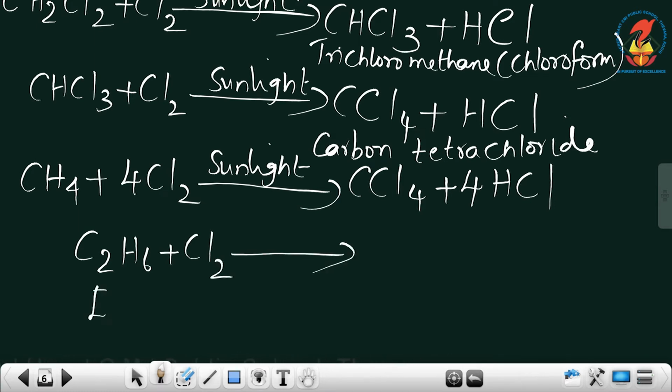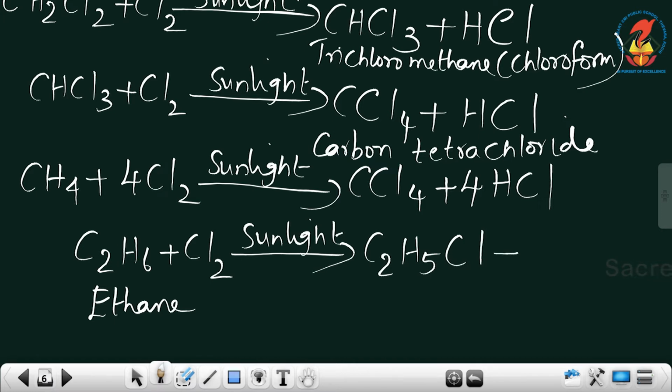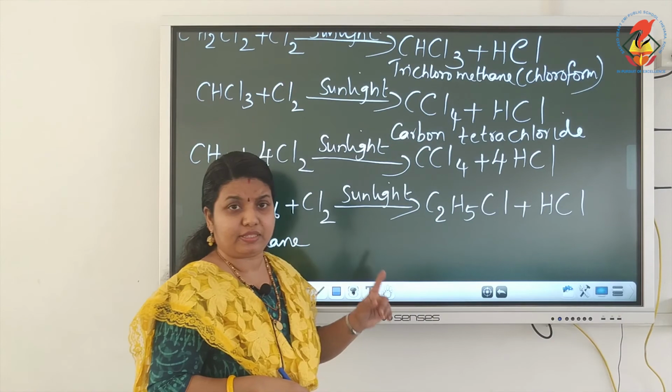Now, can you write the equation for another saturated hydrocarbon? This is ethane, C2H6. So, what happens if a chlorine molecule is added to ethane in the presence of sunlight? One of the hydrogen atoms of ethane will be replaced by a chlorine atom. You will get HCl. I hope the formation of HCl is clear to you.